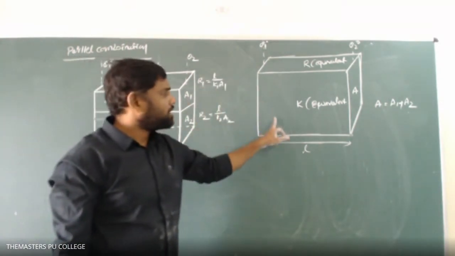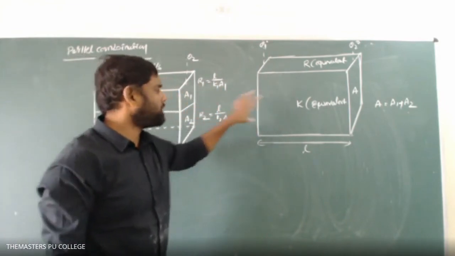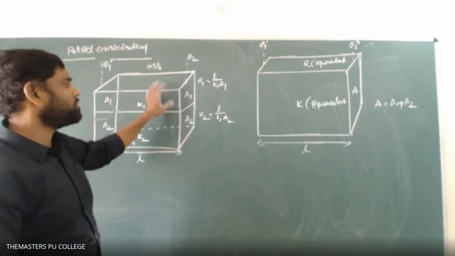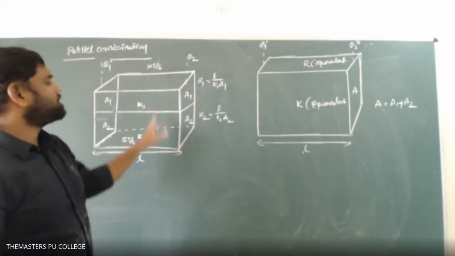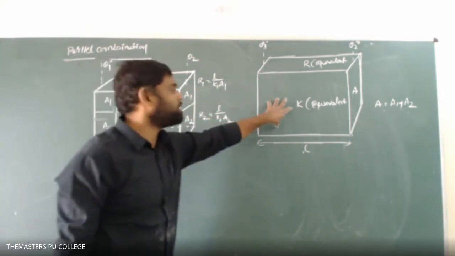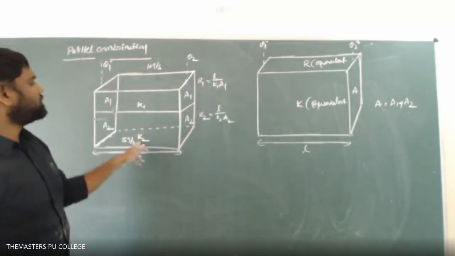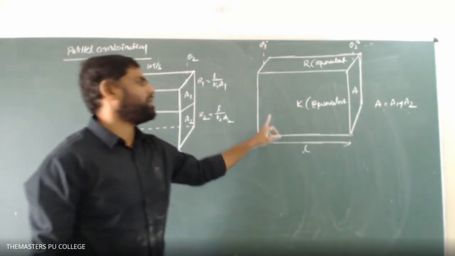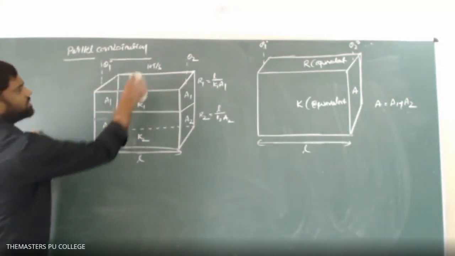If this rod allows 25 joules of heat per second, then that will be the equivalent of these two. Instead of having these two, we can remove them and replace with this. Nothing will change in the flow of heat. This one will give the same amount of heat as these two rods. So that's why this is an equivalent rod. That is the equivalent meaning. Okay, so that is about this.